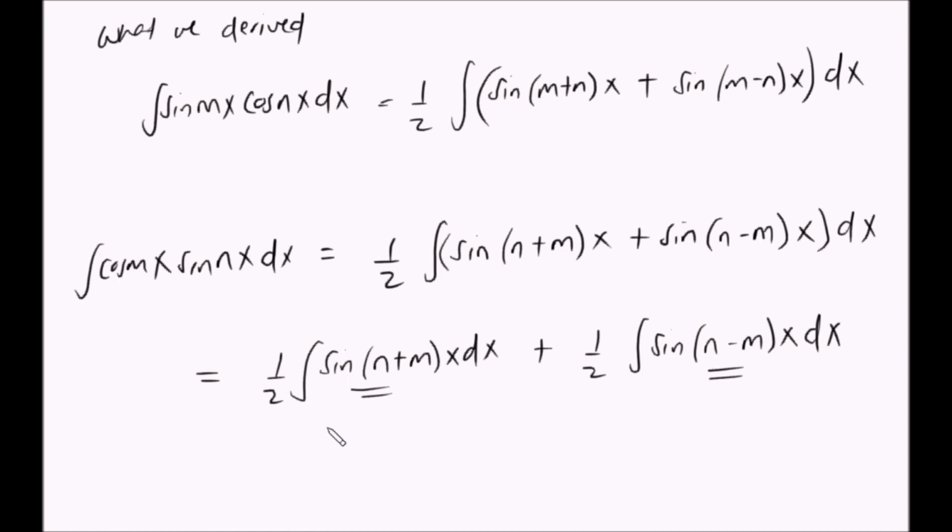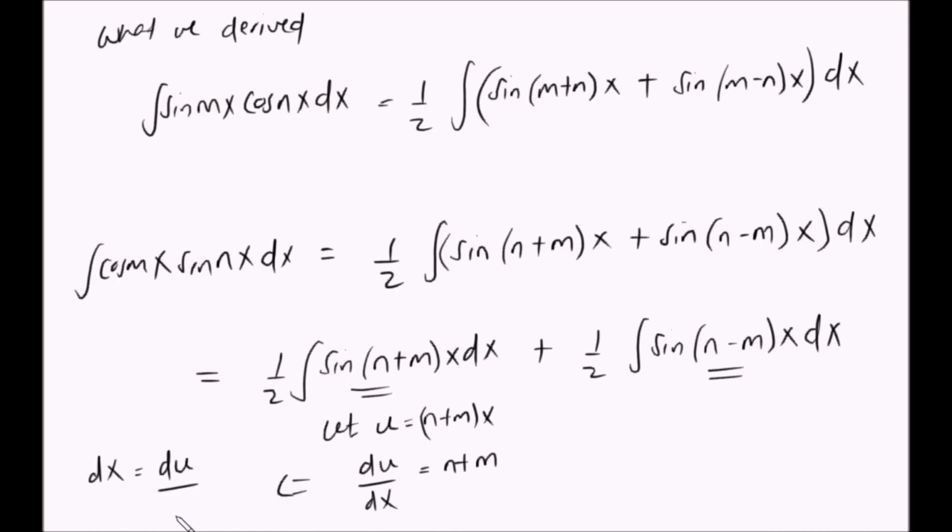If I use u substitution here, I'm going to let u equal (n plus m) times x. So if I differentiate that with respect to x, I just get n plus m.